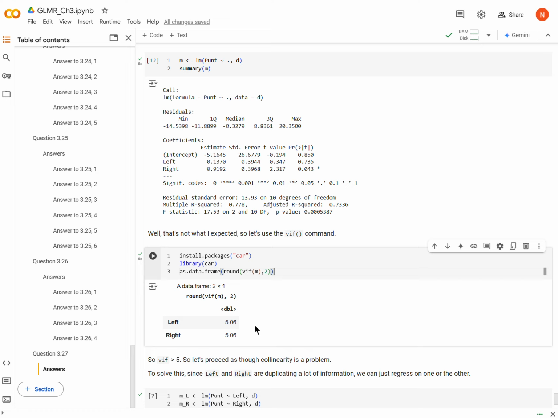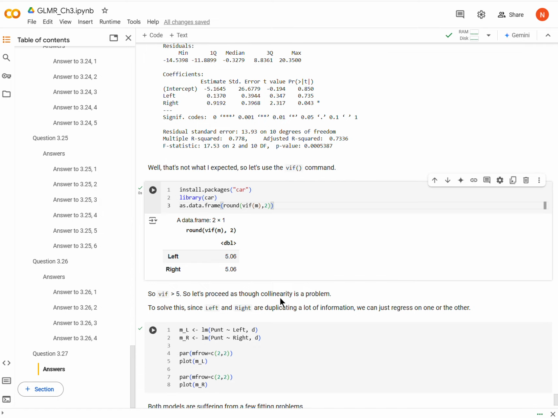They both exceed 5, and usually over 5, we start to believe that the variance inflation factor is suggesting collinearity. Understandably, the information encoded in the left leg variable and the right leg variable are duplicating one another to a large extent. That's what collinearity is.